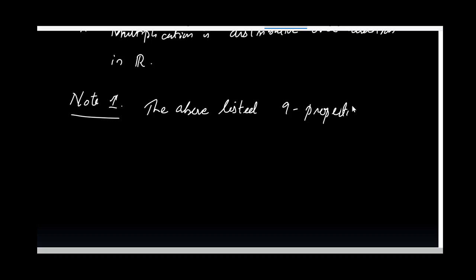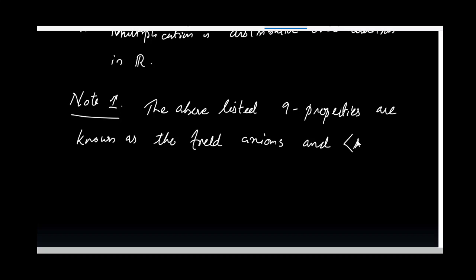So, note one: the above listed 9 properties are known as the field axioms, and our structure R with addition and multiplication is called a field. It's called a field.